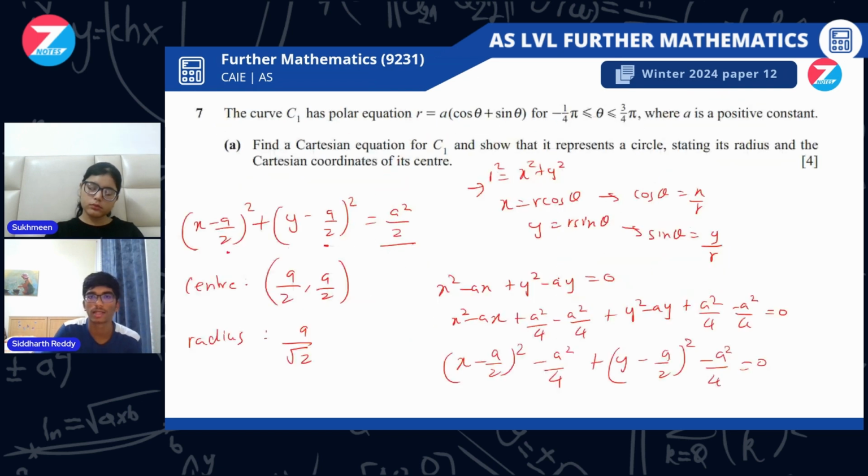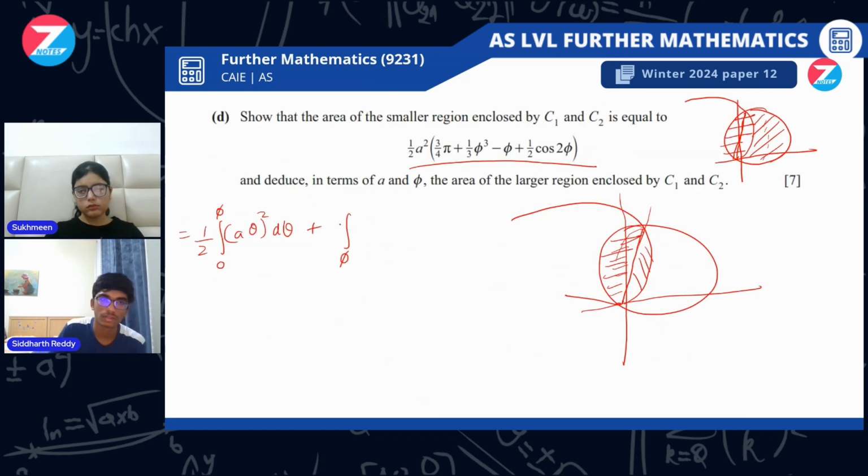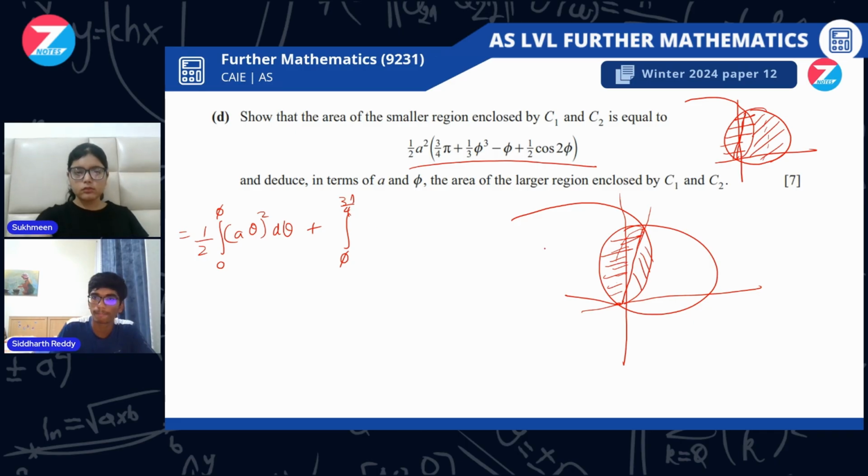If we go back, they actually gave it as 3 pi by 4. So this 3 pi by 4 of, what is the equation of the circle? It's 1 by 2 into a into (cos theta plus sine theta) whole square.